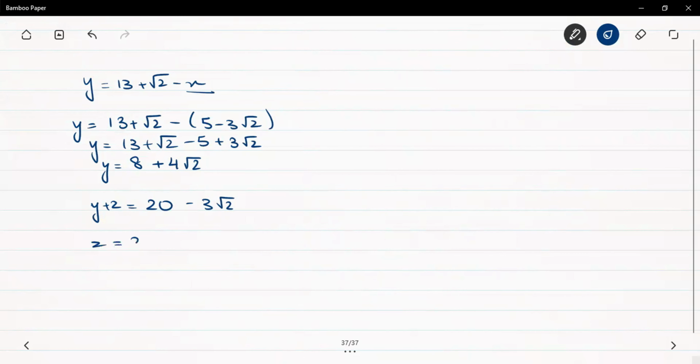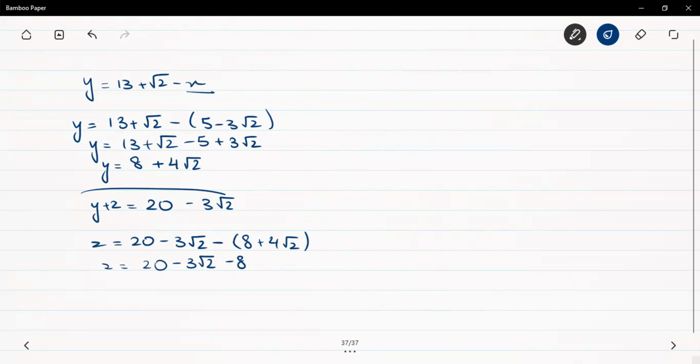So z is equal to 20 minus 3 under root 2 minus the value of y, because this comes here, it's going to be negative. So what is the value of y? We just found out 8 plus 4 under root 2. So z is equal to 20 minus 3 under root 2 minus 8 minus 4 under root 2, because this negative sign is being multiplied here.